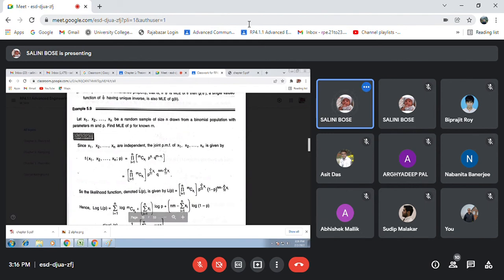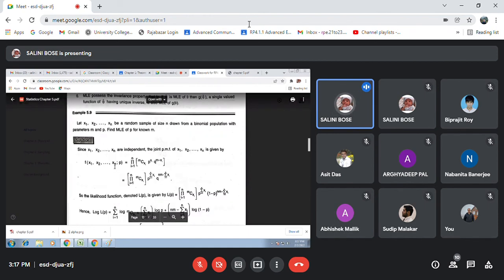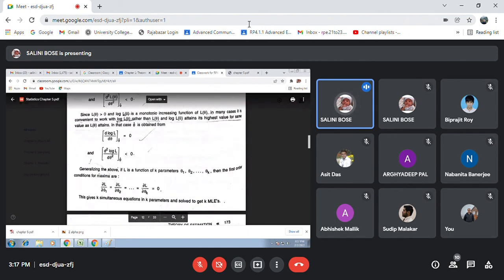If L p is the likelihood function of p, then we can write L p equal to this. We have to replace q in terms of p, so write 1 minus p in place of q. Then we use the log, because this is the way to find the maximum.